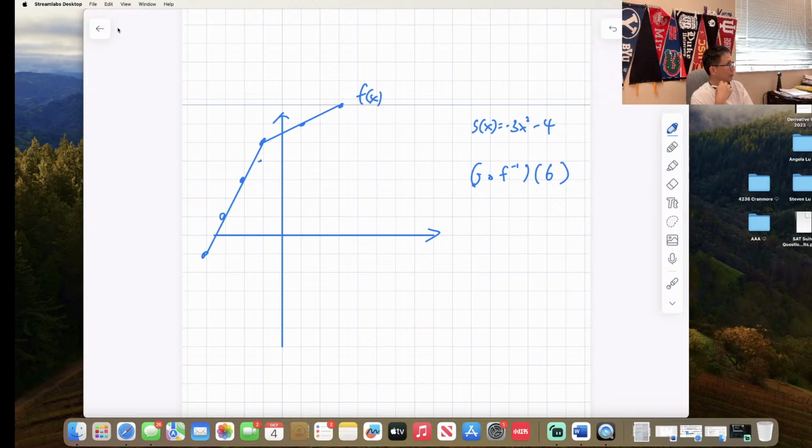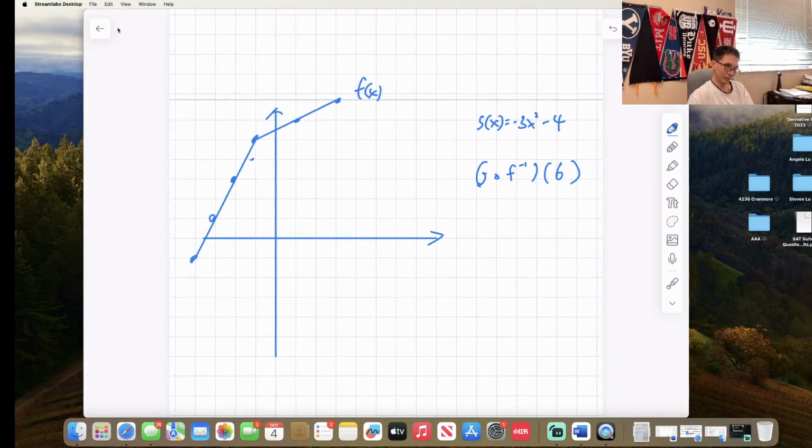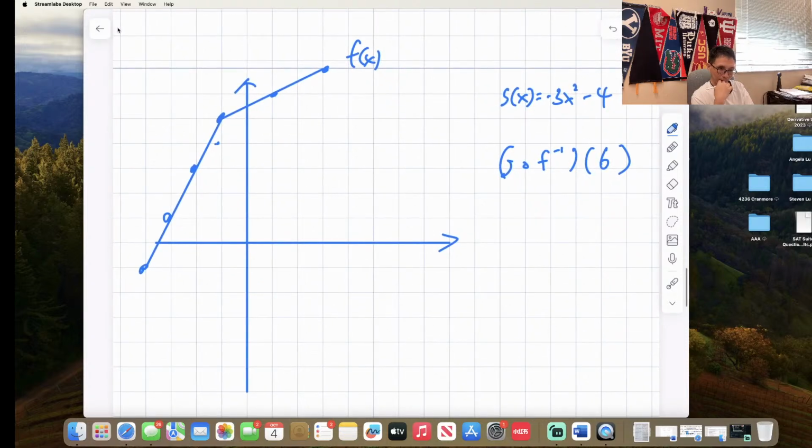So I will ask you a lot of questions. I will ask you, what is g of f inverse of 6?